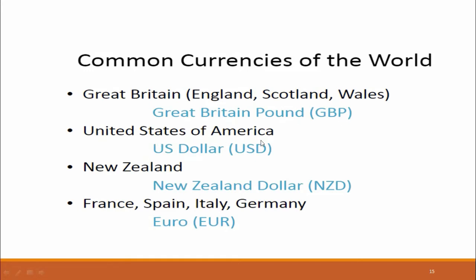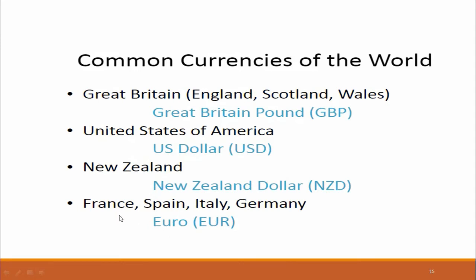United States of America, US dollar. The common currency for the United States is the US dollar. And for New Zealand, New Zealand dollar, NZD. And for France, Spain, Italy, and Germany, the common currency is euro.